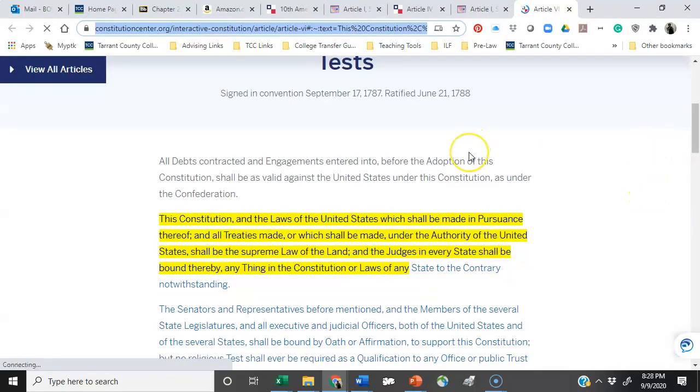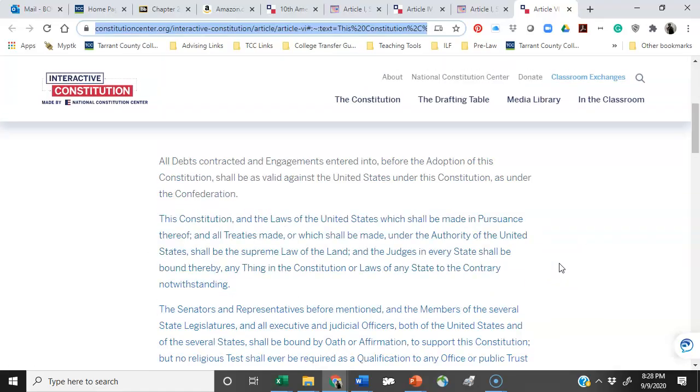There's got to be some type of order. And what the United States government decided to do was give us what is called the Supremacy Clause. This is found in Article 6 of the United States Constitution. And notice that it says right here, this Constitution, the laws of the United States, and all treaties made under the authority of the United States shall be the supreme law of the land.